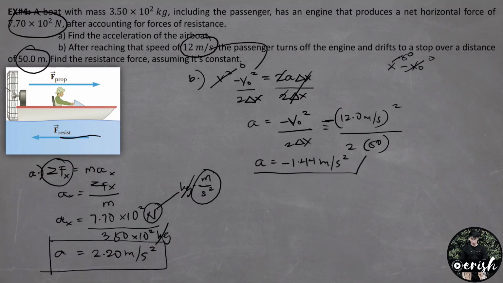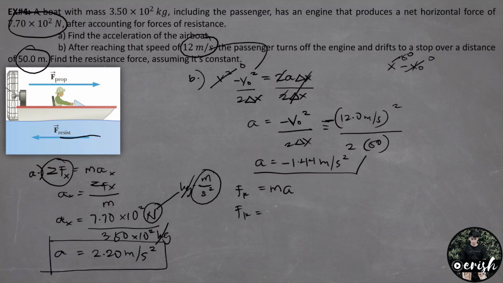To solve for the resistance force naman, or simply F_R na lang, F resist, ang ilagay natin, this is equal to ma pa din. Ang gagamitin natin na acceleration is yung deceleration, which is a value of negative 1.44 meters per second square. Resisting force is equal to, ang mass pa din is the same.